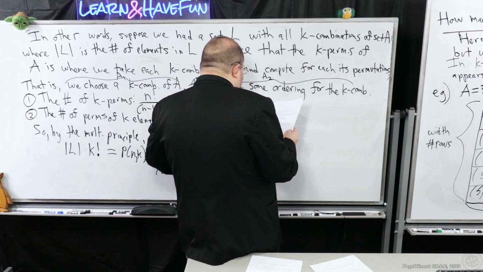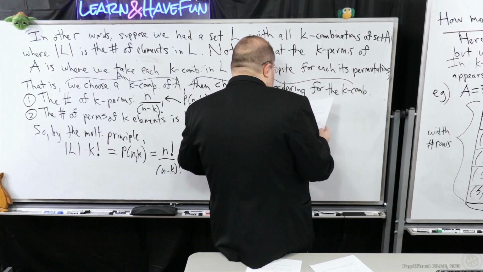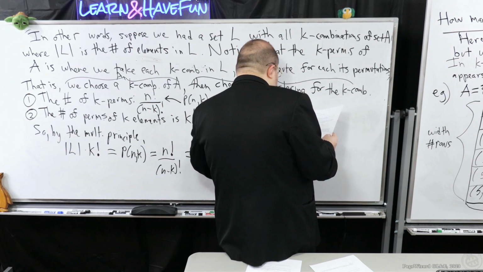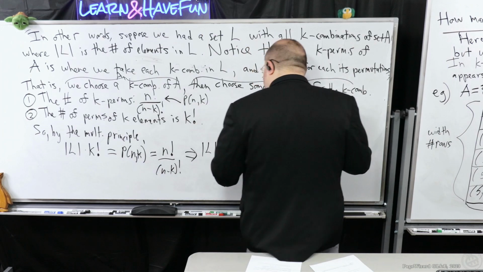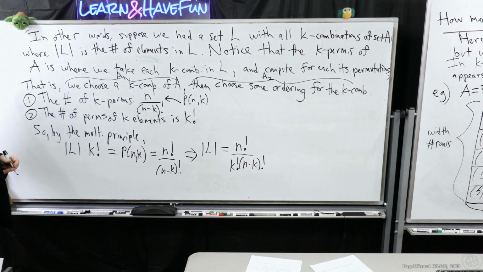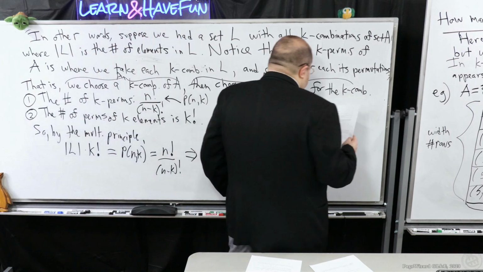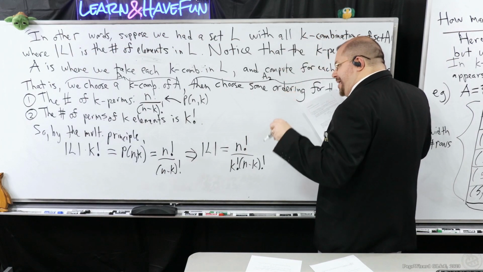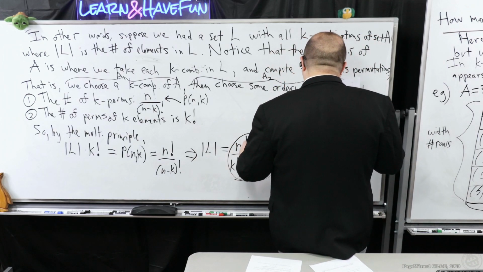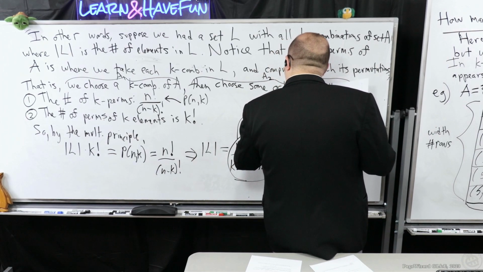So now the number of k combinations is equal to n factorial over k factorial times n minus k factorial. I divided both sides of this equation by k factorial. And now we actually have something interesting going on here, because we know how many k combinations there are. This right here is the number of k combinations.